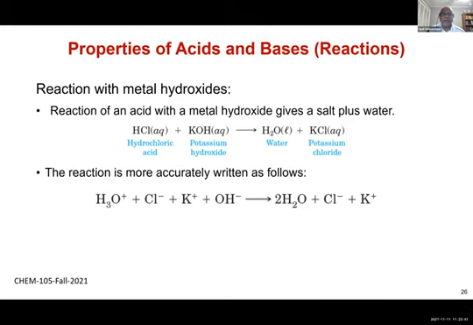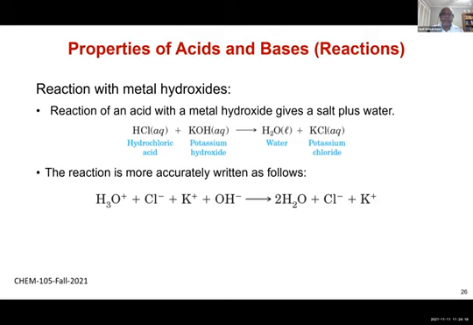The reaction is more accurately written as follows. Net ionic equation. This is the ionic equation. If you look at this reaction, you break up HCl into hydronium ion and chloride ion. KOH, all the formulas with aq could be broken down. Water cannot be broken down. Therefore, chloride and potassium are spectator ions.